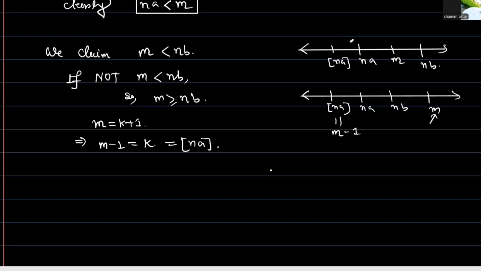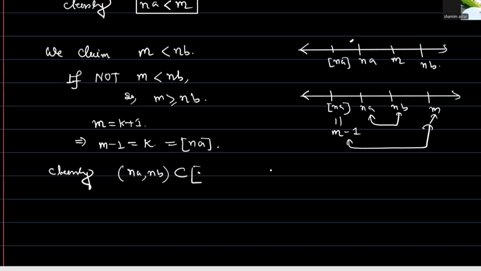So this interval, the open interval (nA, nB) or closed interval, is containing the closed interval [m minus 1, m].